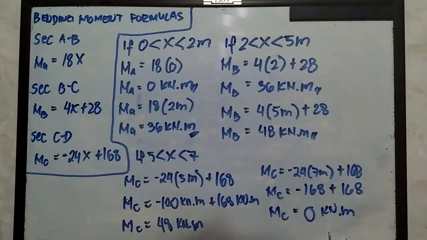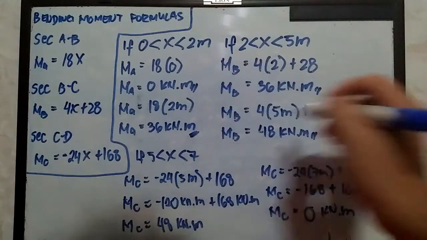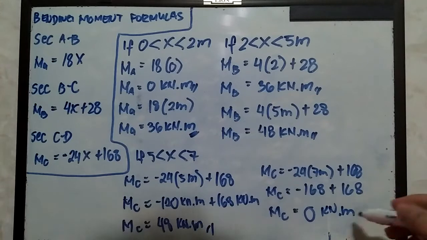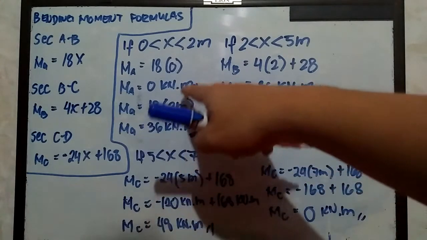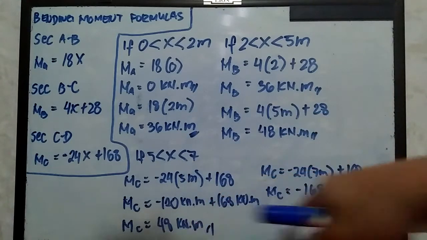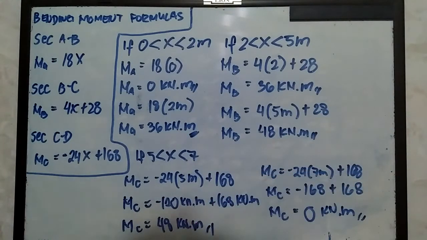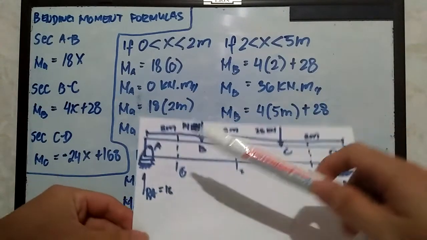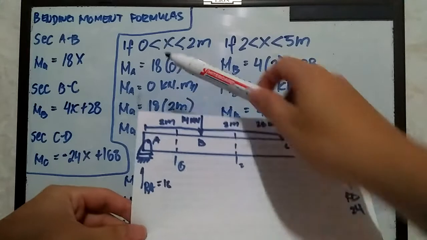So we already managed to obtain these 6 pieces of information. We have 0, 36, 36, 48, and 48 to 0. If you can see the pattern here, starting from this portion of the beam, from point A, we started at 0.